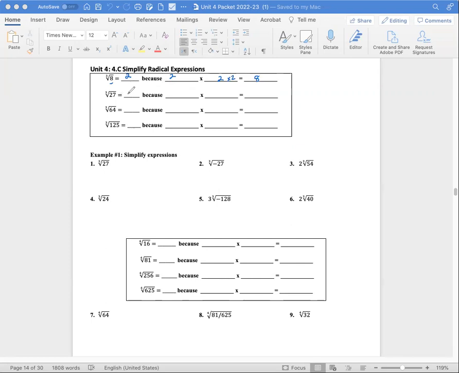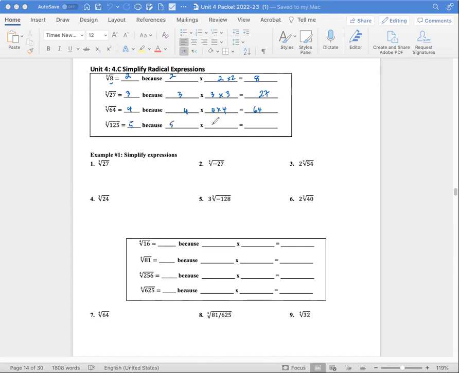And then cube root of 27 is 3, because 3 times 3 times 3 is 27, because it's cube root. And then cube root of 64 is 4, because 4 times 4 times 4 is 64, and then same thing for 5.